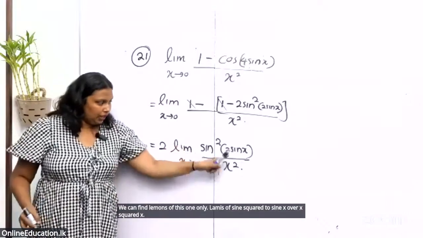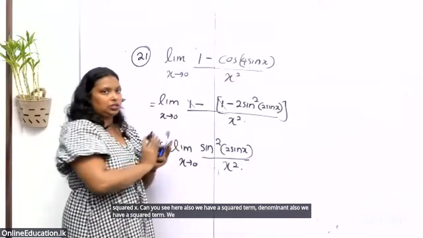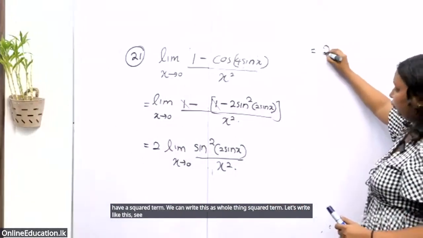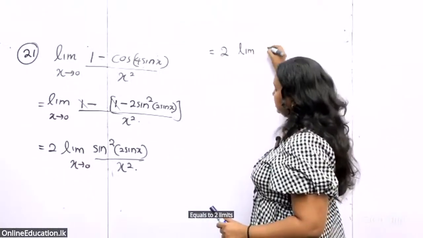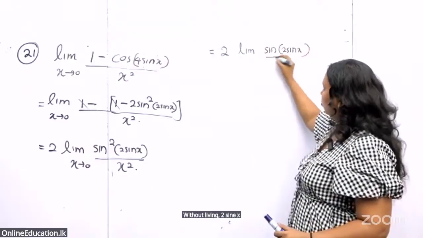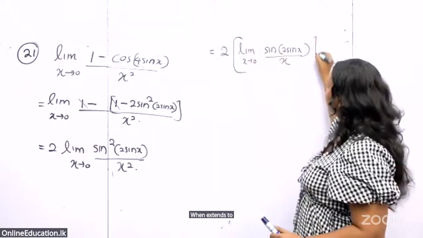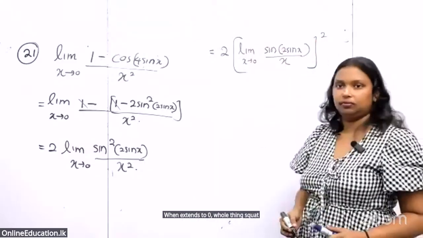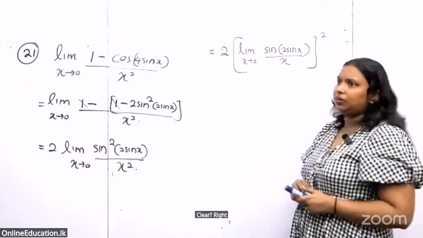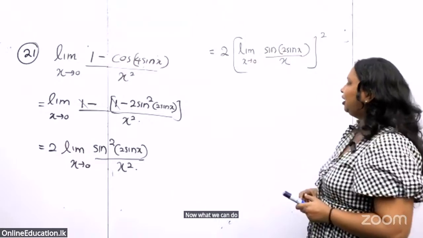Can you see here we have a squared term, and in the denominator also a squared term. We can write this as the whole thing squared. So it equals 2 times the limit of sine 2 sin x over x, when x tends to 0, whole thing squared. Clear? Now what can we do?